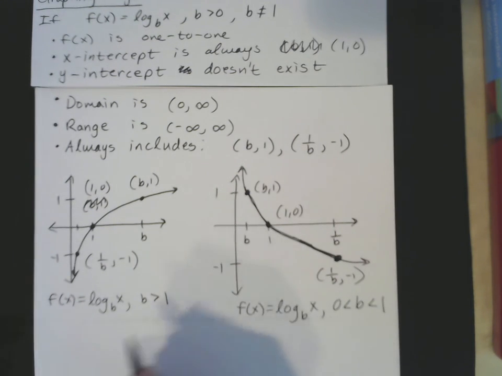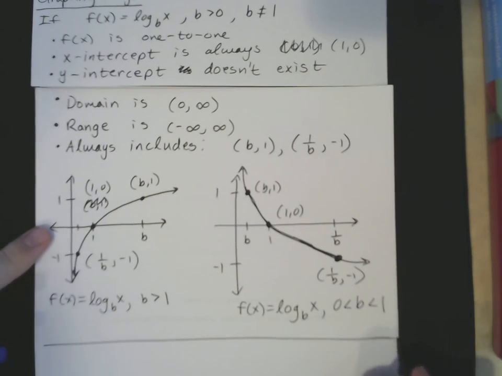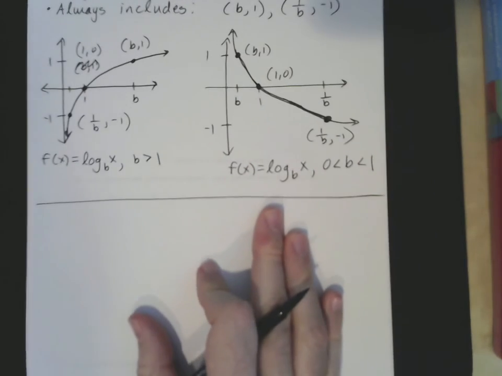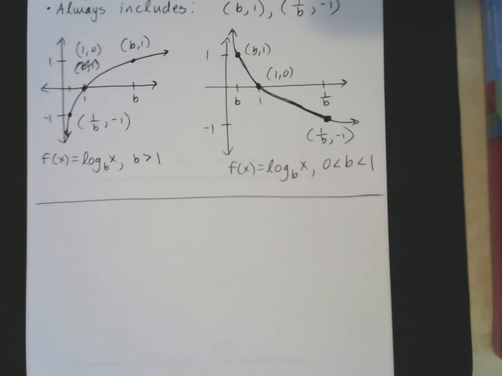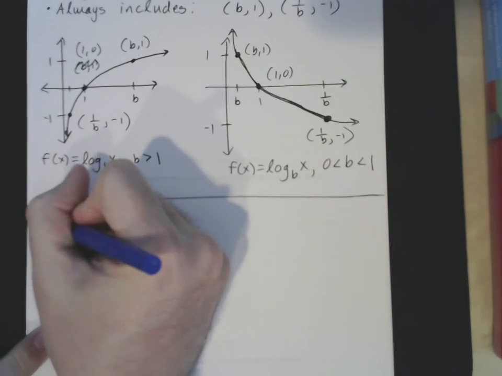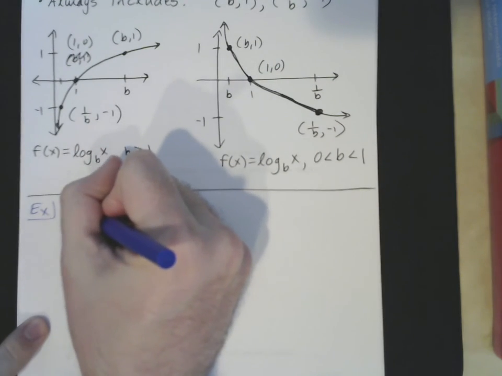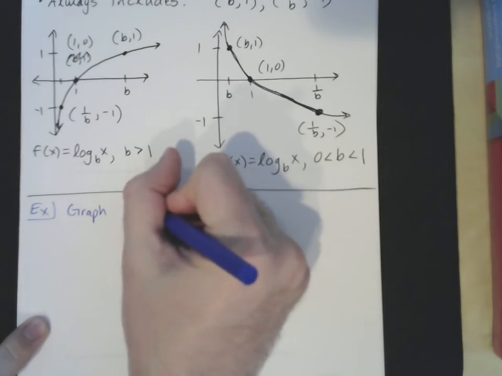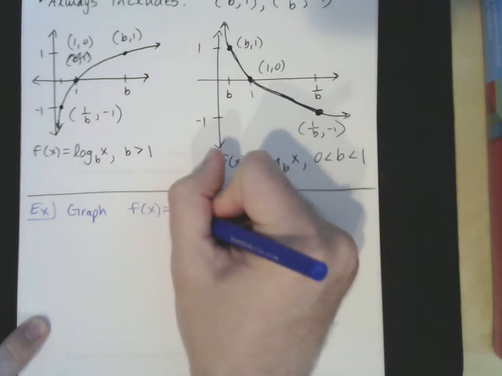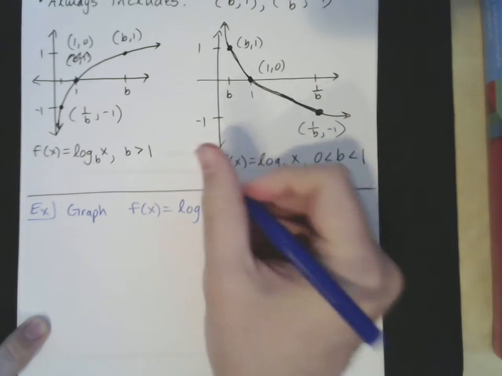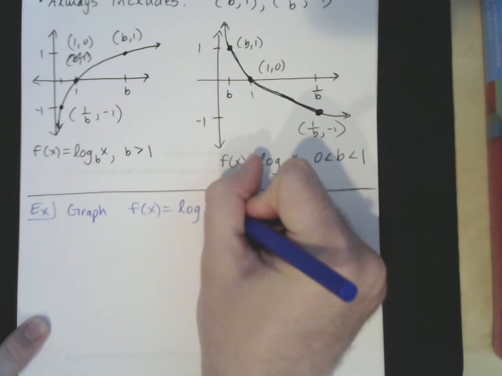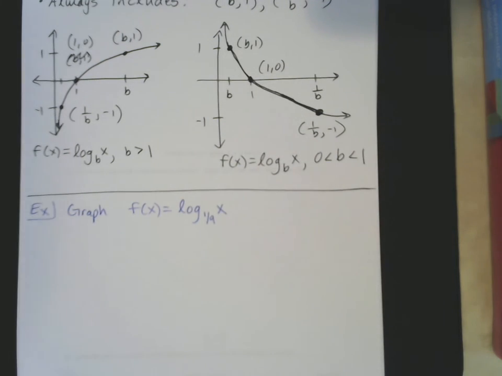And so if we were to graph a logarithm, we just double check what situation we're in. So let's say we're going to graph f of x equals log base 1/9 of x.